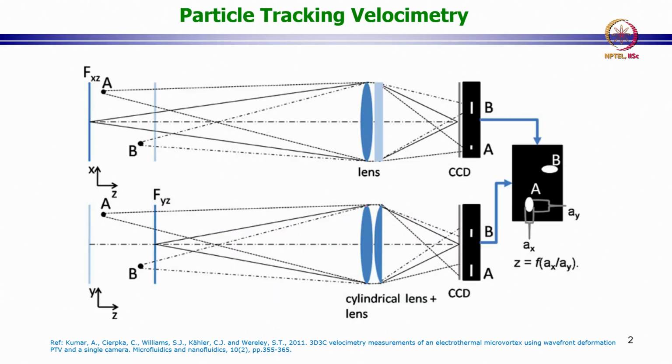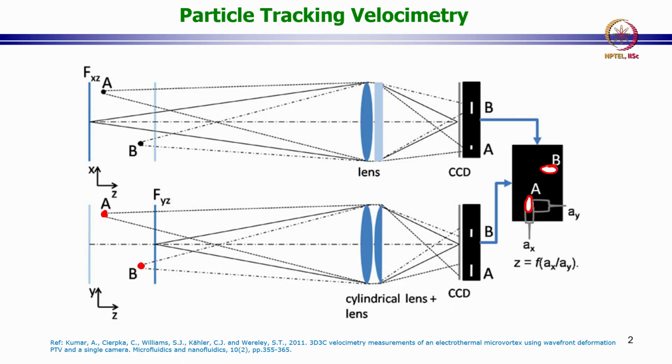Outside of the experimental box, we have a lens and a cylindrical lens put together, and because of that, the particles, which are nice spheres, when imaged on the image plane actually look like ellipses.